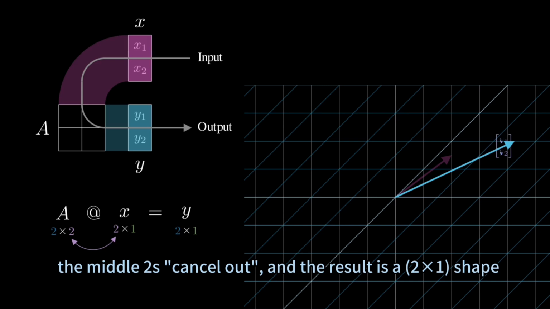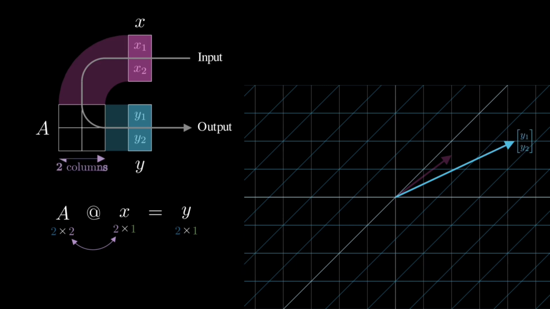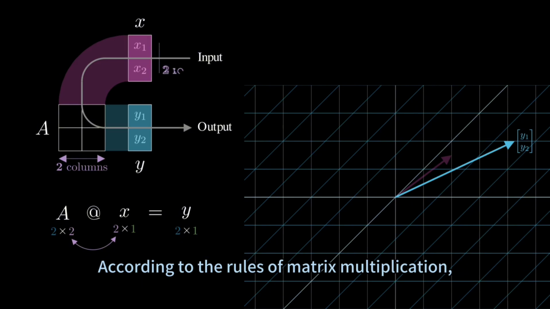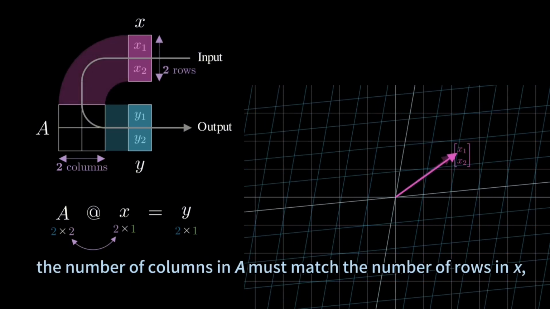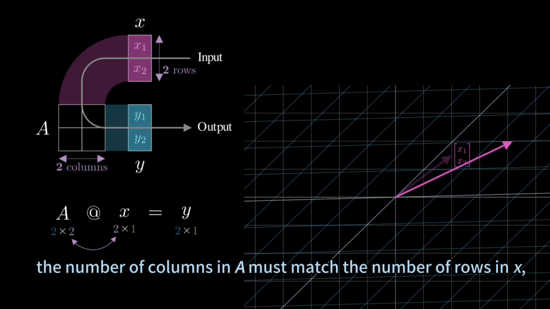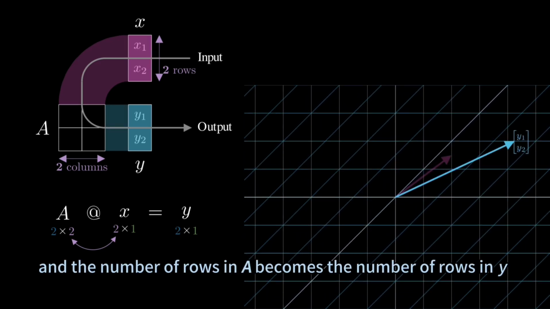The result is a 2 times 1 shape. According to the rules of matrix multiplication, the number of columns in matrix A must match the number of rows in vector X, and the number of rows in matrix A becomes the number of rows in vector Y.